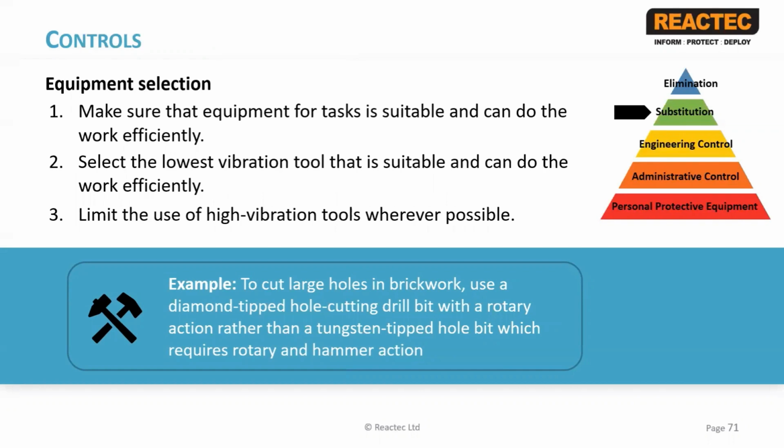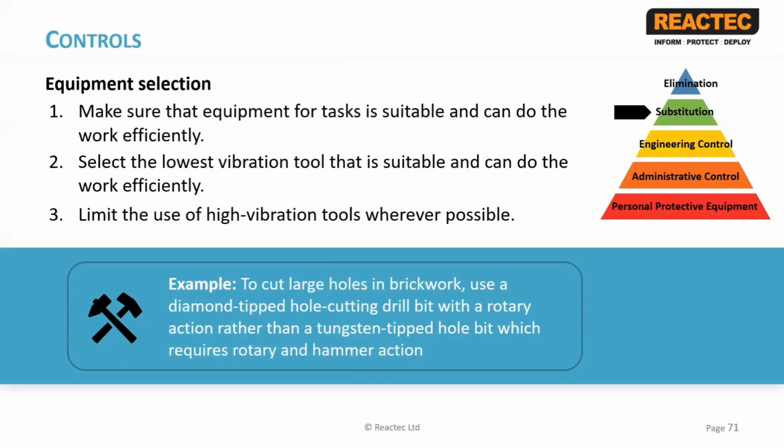When it comes to substitution, there quite often can be a lot more examples of what can be done for hand-arm vibration. But you do have to make sure that the equipment that's been chosen is suitable and can do the work efficiently. Lower vibration doesn't always mean lower risk if the lower vibration tool is quite inefficient at carrying out the task.